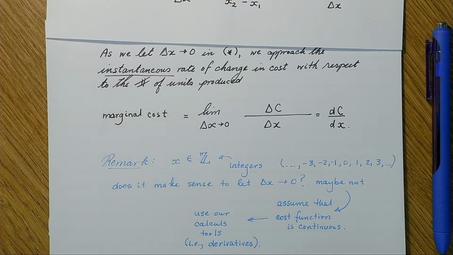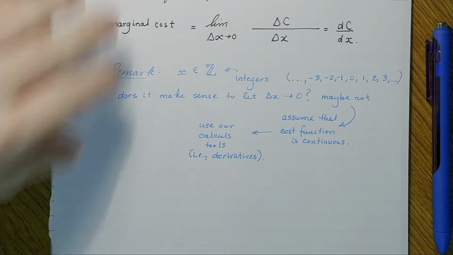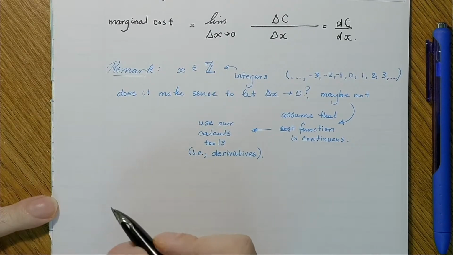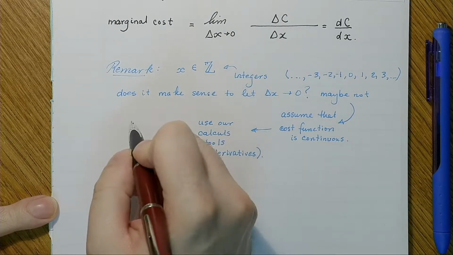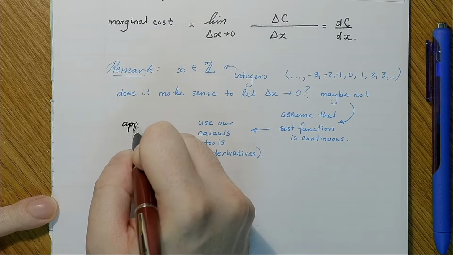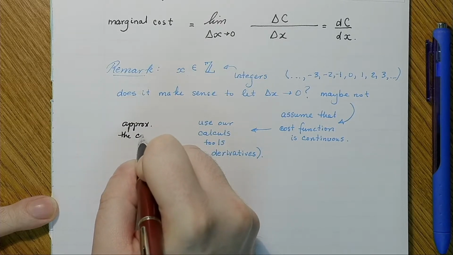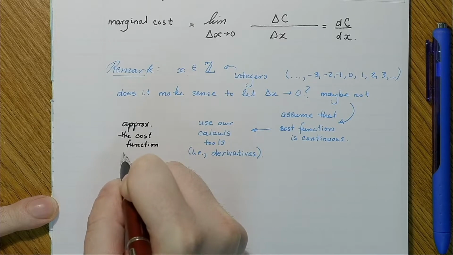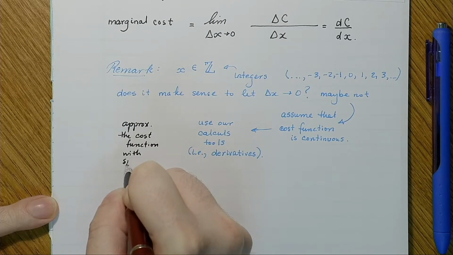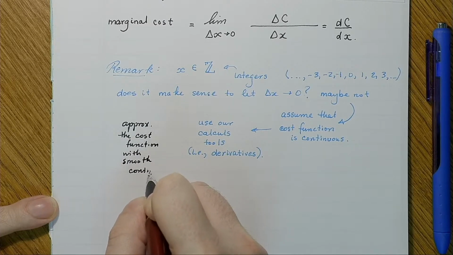We make discrete objects. So again, we end up approximating the cost function with a smooth continuous function.